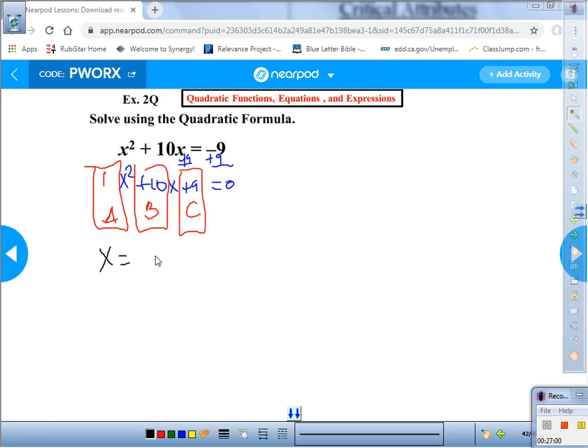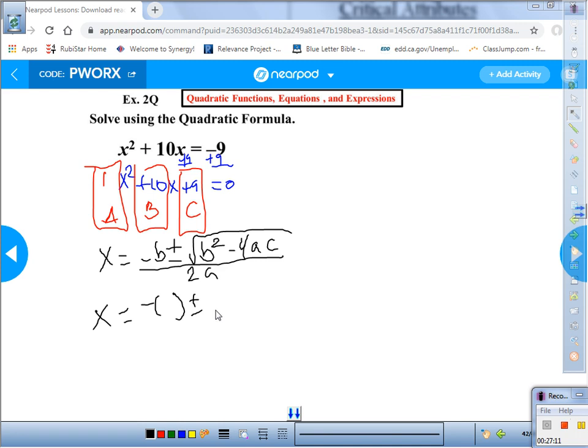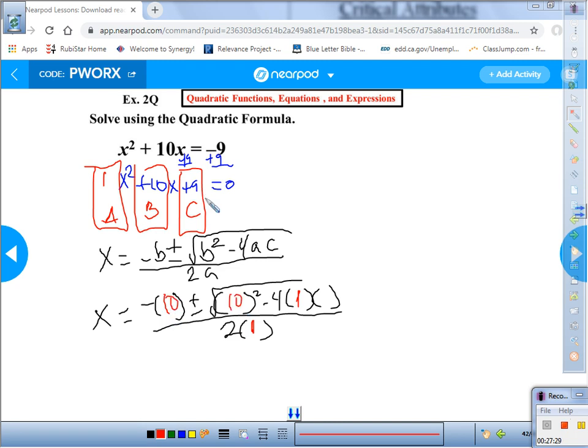X equals minus B plus minus square root B squared minus 4AC over 2A. X equals minus parentheses plus minus square root parentheses squared minus 4 parentheses over 2 parentheses. Substitute values. A is 1, so that's next to the 4 and next to the 2. B is 10, it goes at the beginning and the square. And C is 9, goes right there.